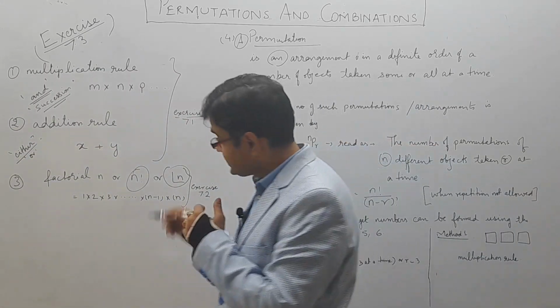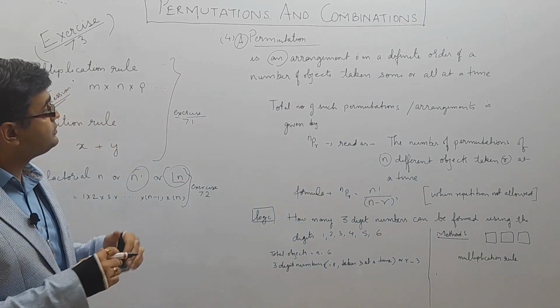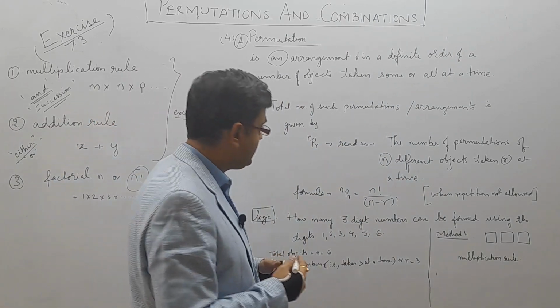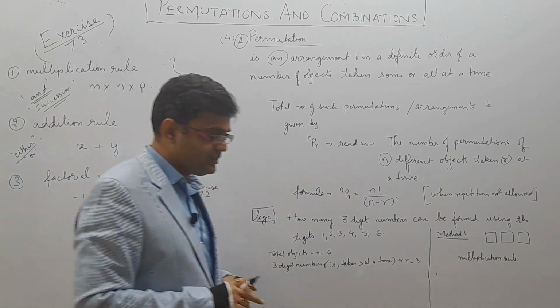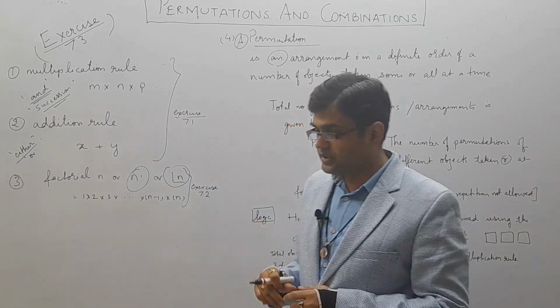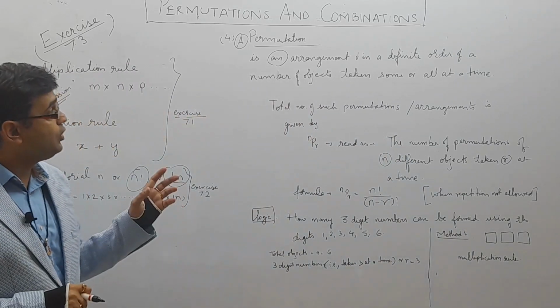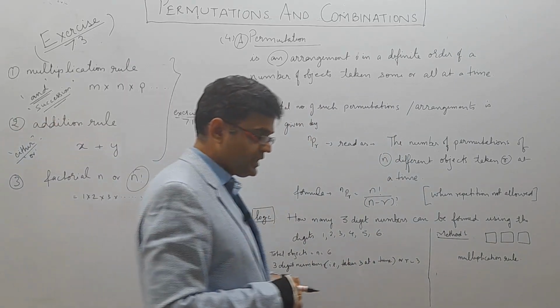So with this, now I'll come to the concept which I am focusing on in this video. I am covering exercise 7.3, and for that we need to see the concept of permutation.